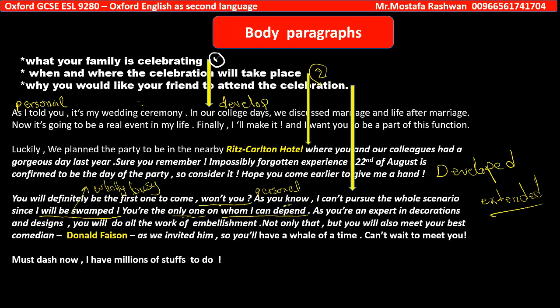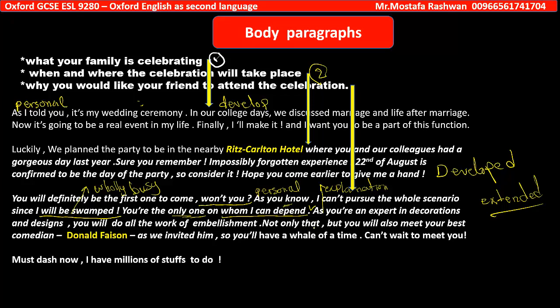So, depend on him about what? Here, he explained the point. So, he developed the idea by giving an explanation why you chose this friend specifically to depend on. As you know, as you are an expert in decorations and designs, you will do all the work of embellishment.